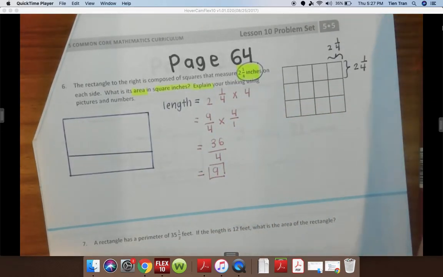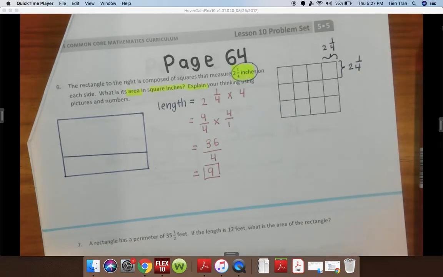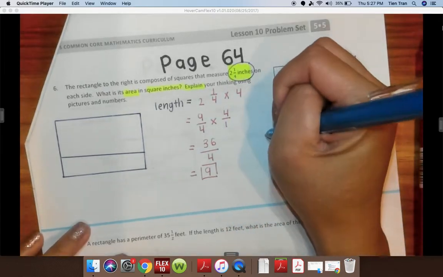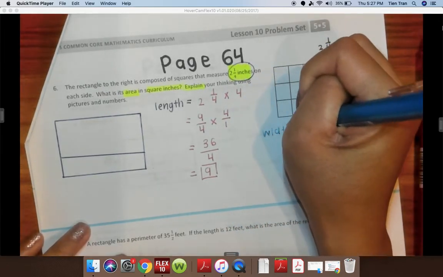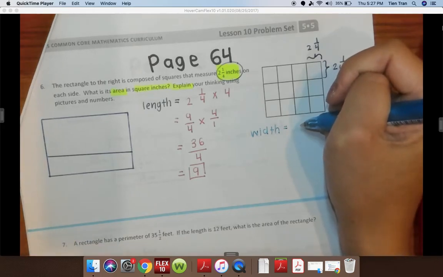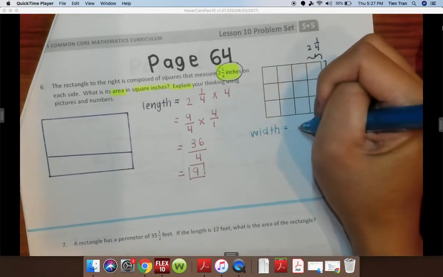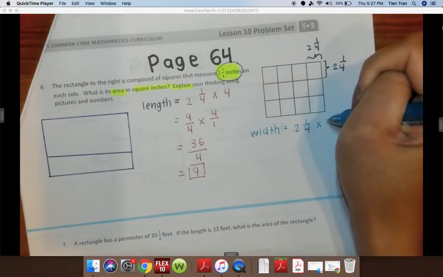Now, I also need to find the width, how wide my rectangle is. So for my width, I'm going to multiply 2 and 1/4 times 3.